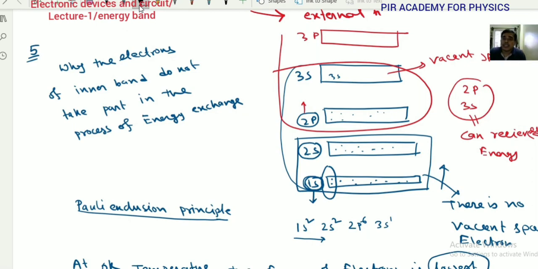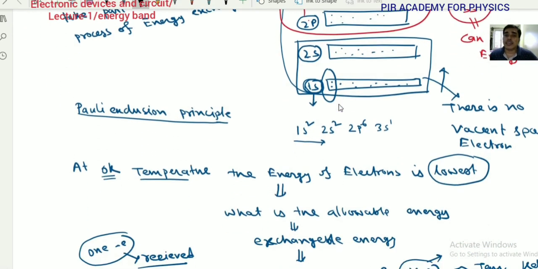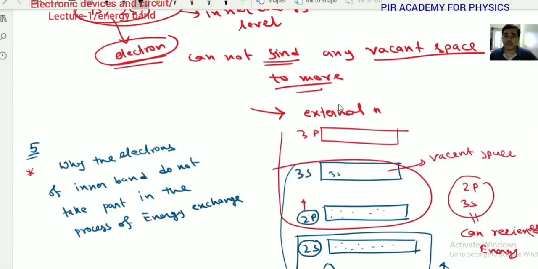That's why the electrons of 2p and 3s can receive energy from an external source. So here I have discussed this question: why the electrons of the inner band do not take part in the process of energy exchange, but the outermost electron can take energy from the external source.